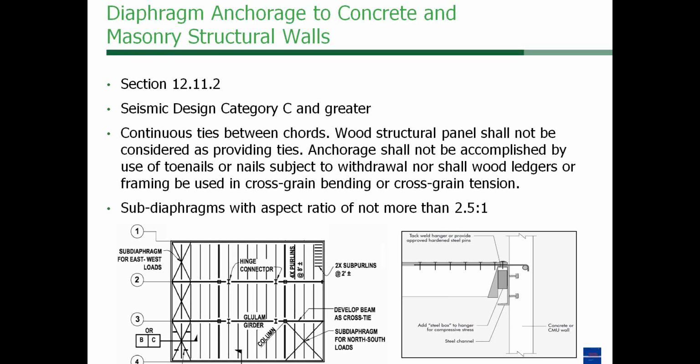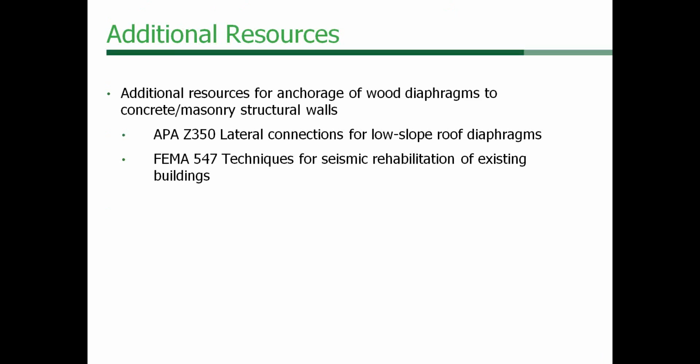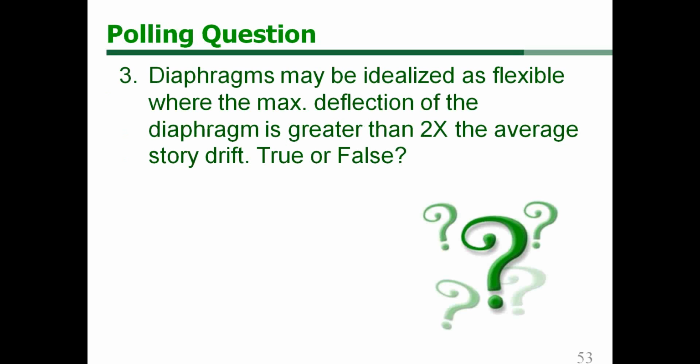So this is a way to remedy that situation. Again, some additional resources that are helpful here: APA has a publication Z350, and FEMA 547 has some information as well that's helpful in this regard.